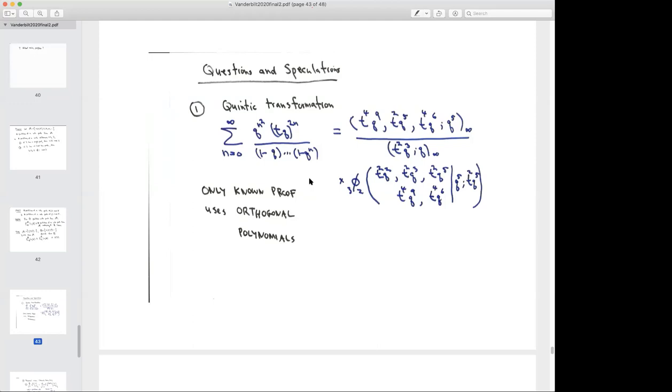But I asked Jim Lepowski, he said he didn't know. Maybe one of you will know. This right-hand side is not manifestly positive. There's cancellation going on there. I don't even know a q-series proof of this. The only proof I know uses calculating an integral in 2 different ways. The integral is hidden here.